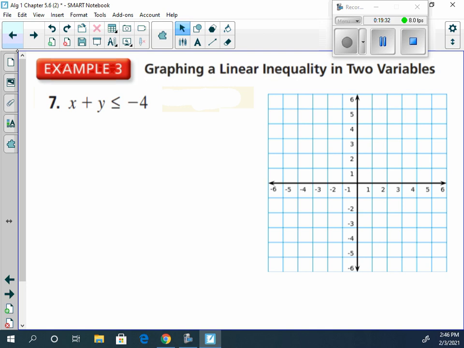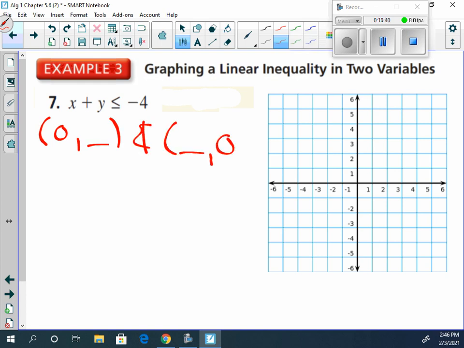So looking at this here to graph it, we need 2 points. The 2 points I'm going to find are the intercepts when x is 0 and when y is 0. And we're going to use that to find our line.